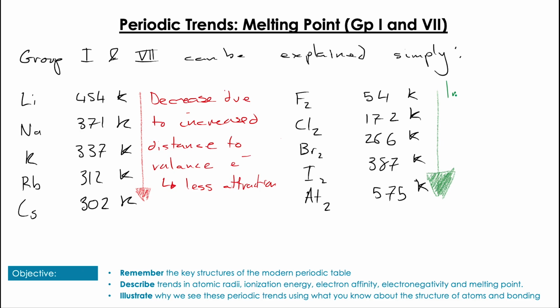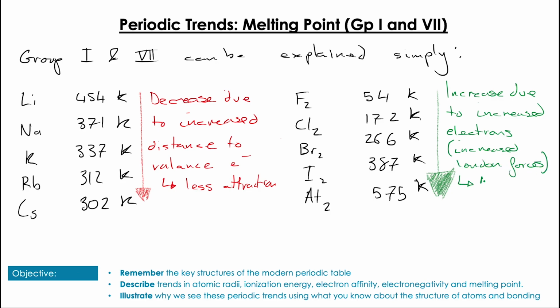As we go down the group, as you'll know, we increase the number of electrons. As we increase the number of electrons in each molecule, that is more electrons that can contribute to London dispersion forces and therefore increase the force of attraction and therefore increase the melting point.